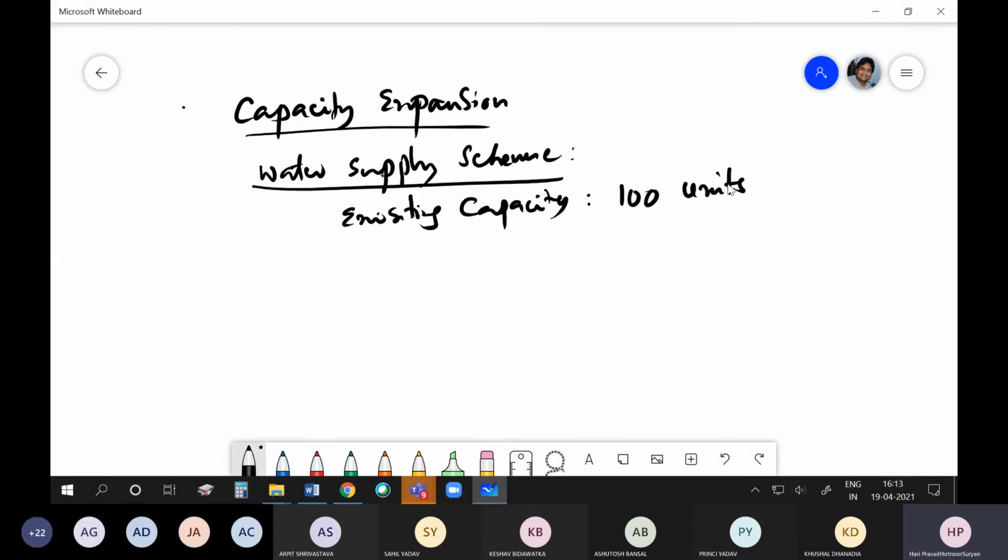This is already there. So it has to be increased from 100 units to 200 units in a span of 20 years.